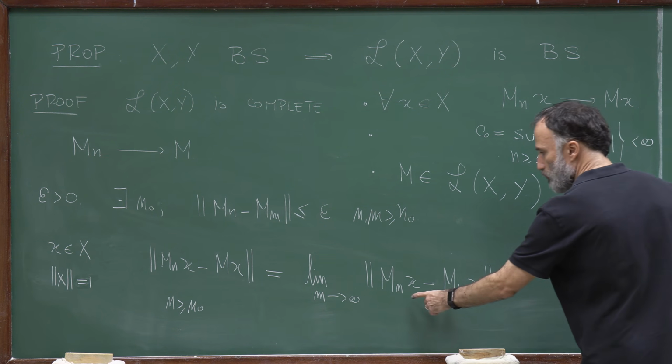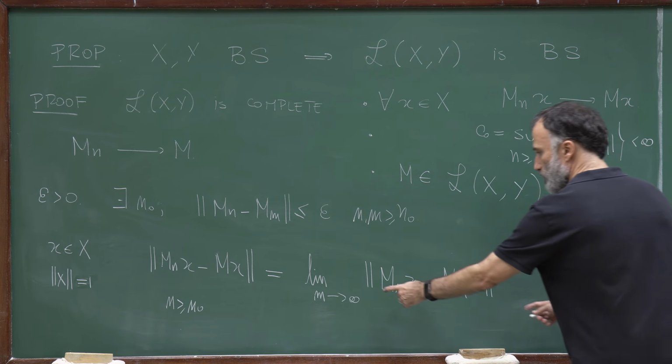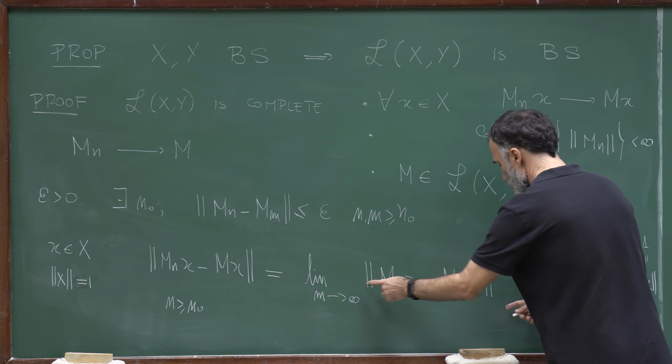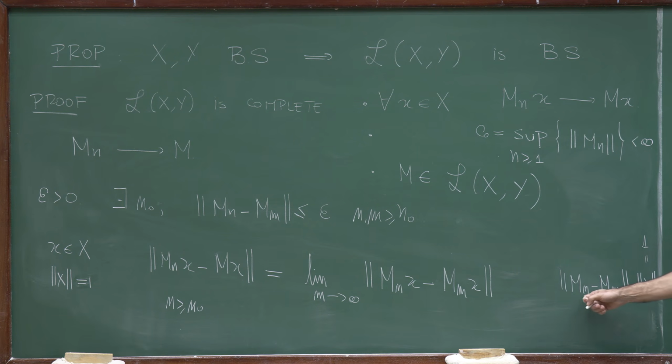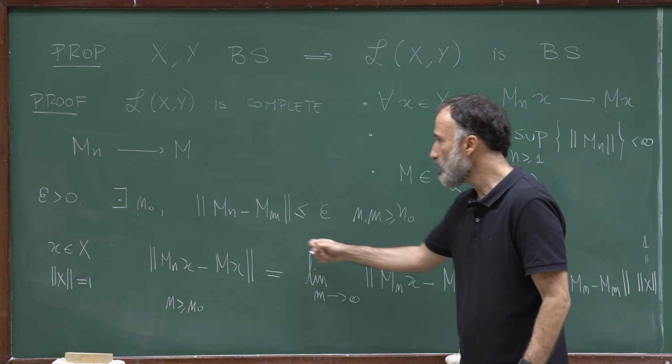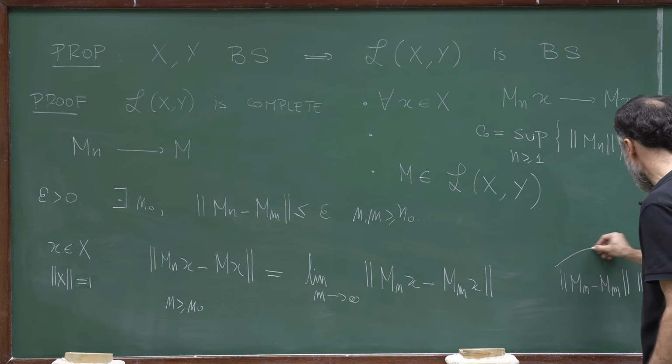Okay, and we proved already that this norm is bounded by that norm. Here the norm of x is equal to 1, so actually this is bounded by the norm of Mn minus Mm. But for all m larger than N0, this quantity is bounded by epsilon.